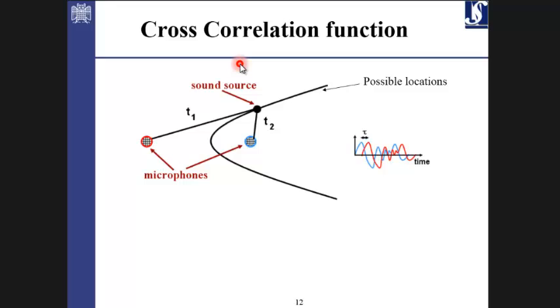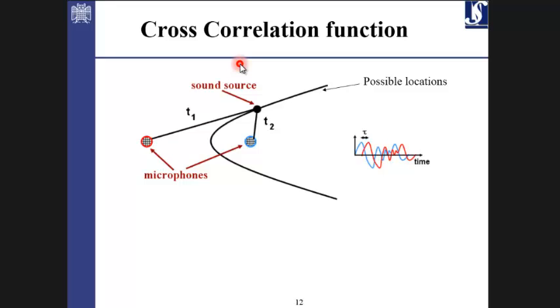So if you do the cross-correlation between two signals and the signals are stationary, the stationarity condition imposes that the cross-correlation only depends on their time difference, or the lag between these two signals.